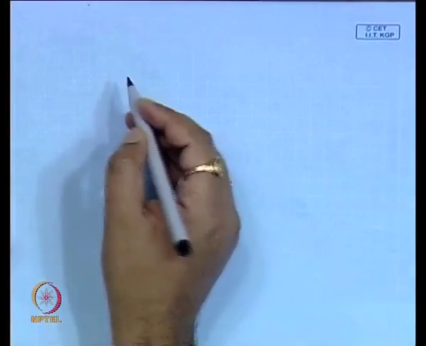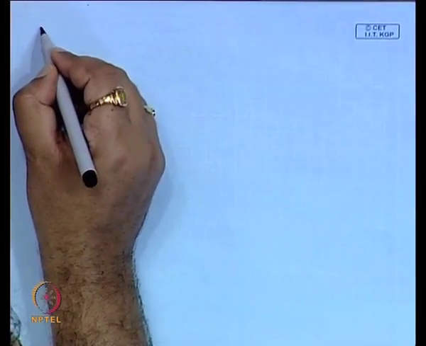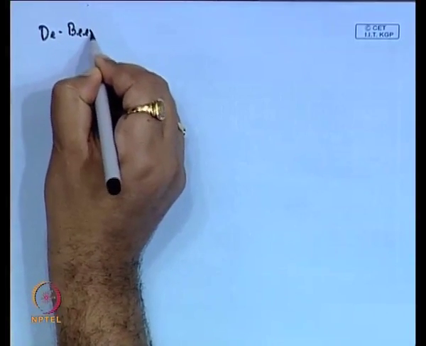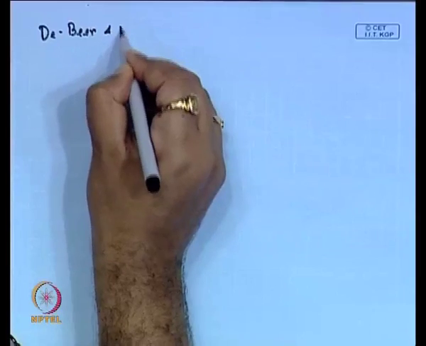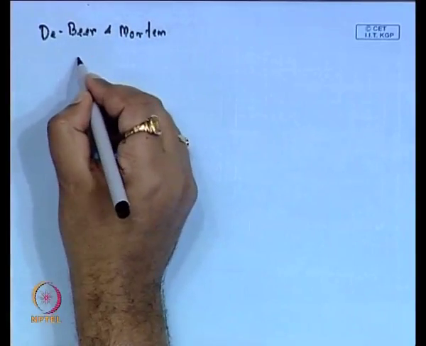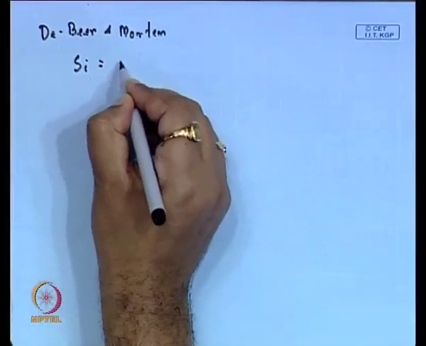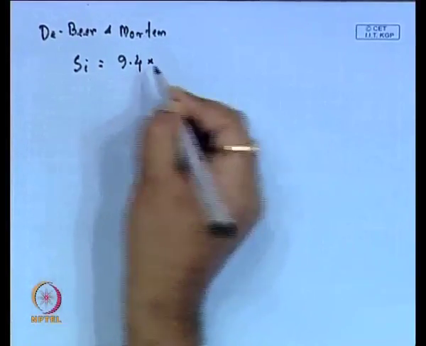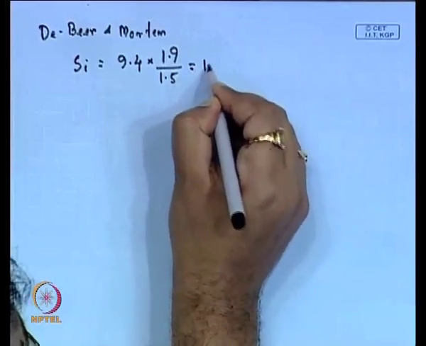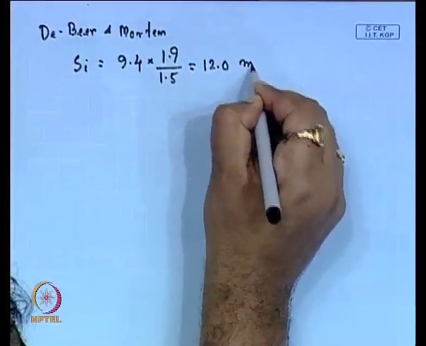Now, if I convert this by the De Beer and Martens method, then this settlement is 9.4 into 1.9 divided by 1.5. So, this is 12 millimeter.